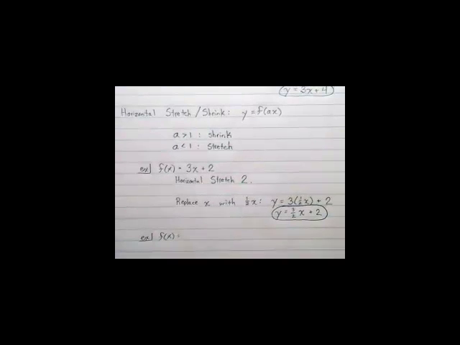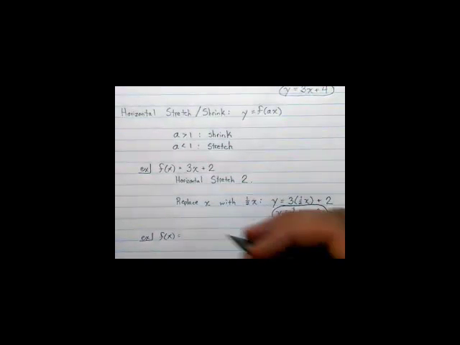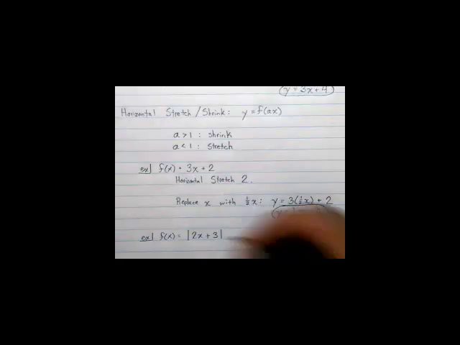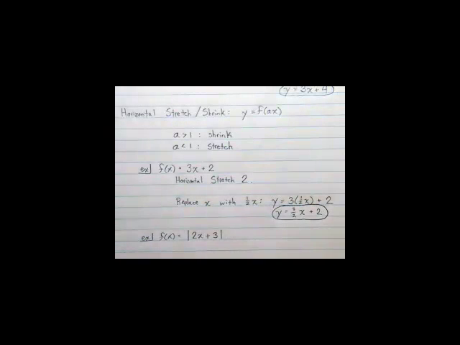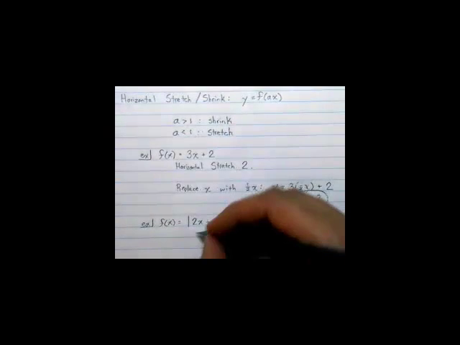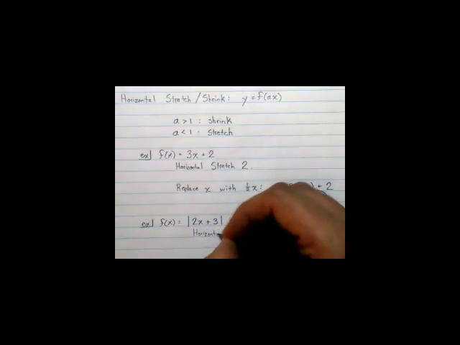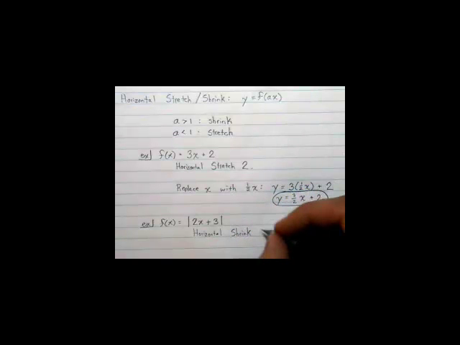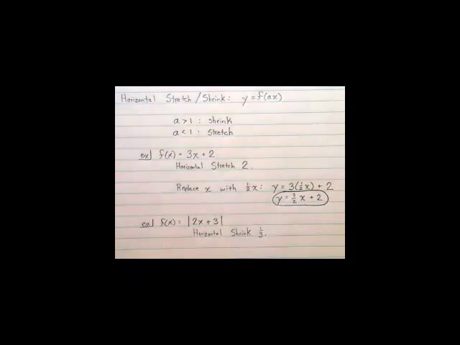So let's say we'll do an absolute value one here. Let's do the absolute value of 2x plus 3, and let's do a horizontal shrink by a factor of 1/3.